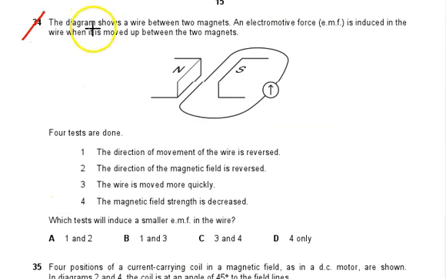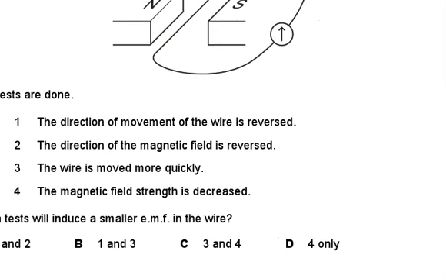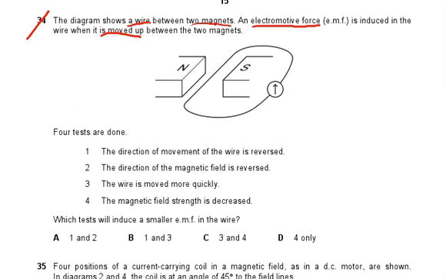Okay, number 34. The diagram shows a wire between two magnets. An electromotive force, EMF, is induced in the wire when it is moved up between the two magnets. Four tests are done. This is induced current.